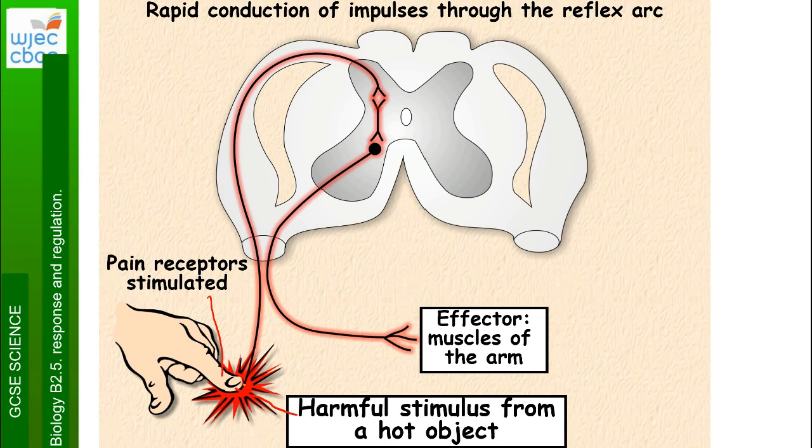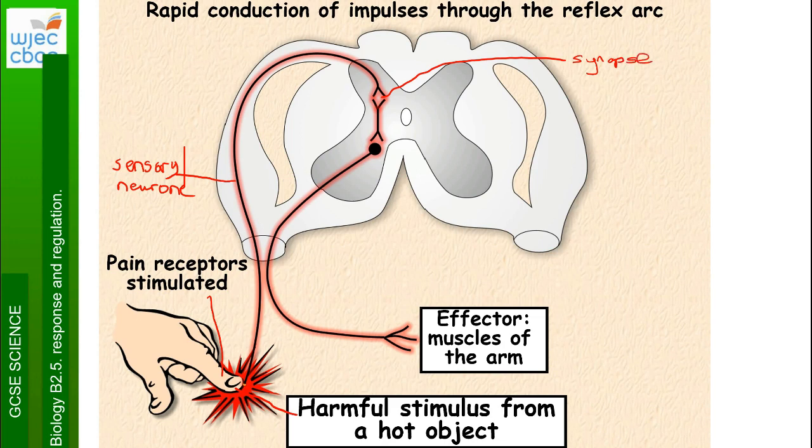So draw the sensory neuron in red, and we're going to label that here. So sensory neuron. And then we're also going to label here that there is a synapse at the end of the sensory neuron.